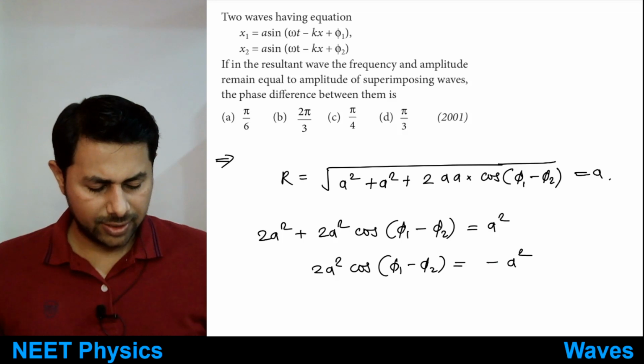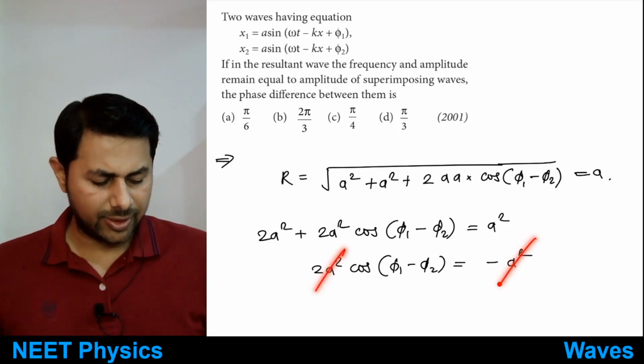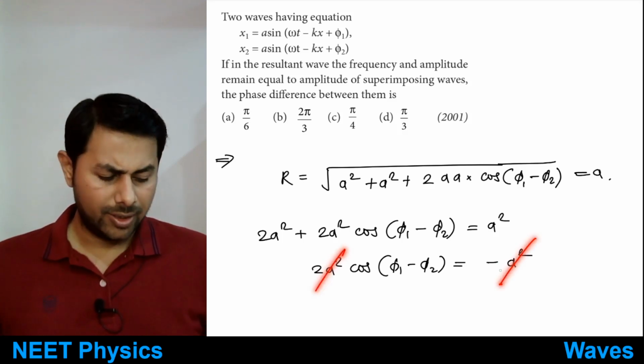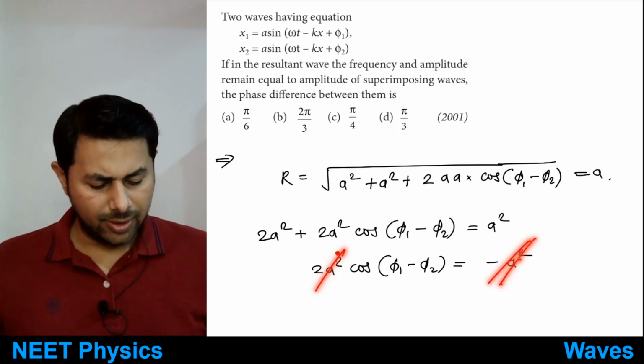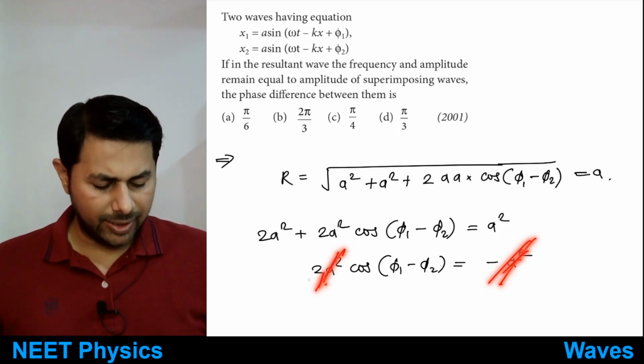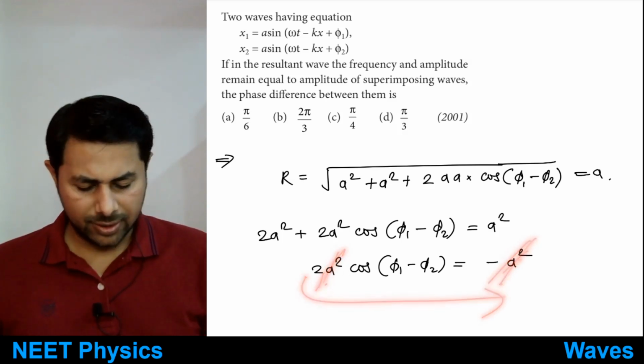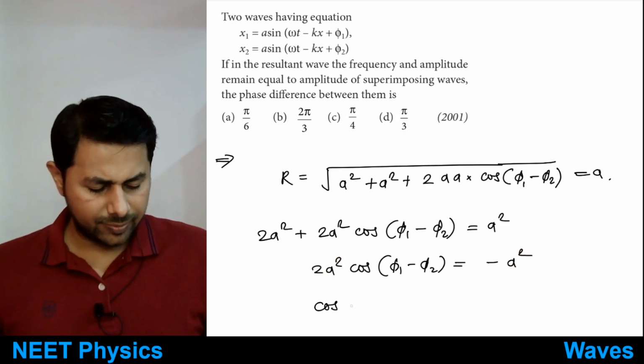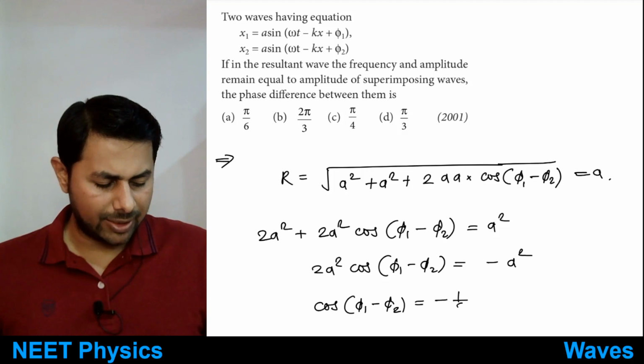Then you can divide this whole thing by A square, you could do that earlier too. Anyways, if you divide and take this 2 to the other side, you get cos of phi 1 minus phi 2 is equal to minus 1 by 2.